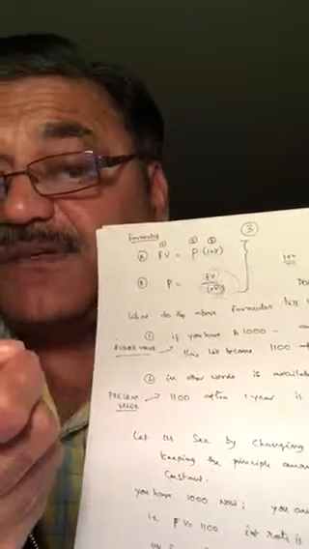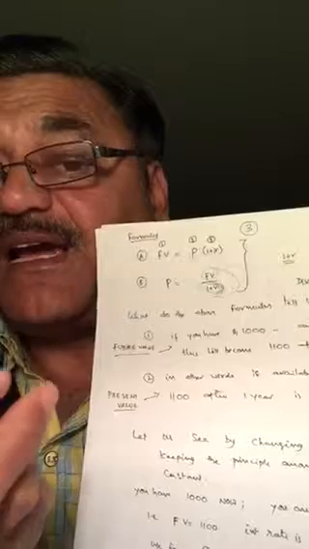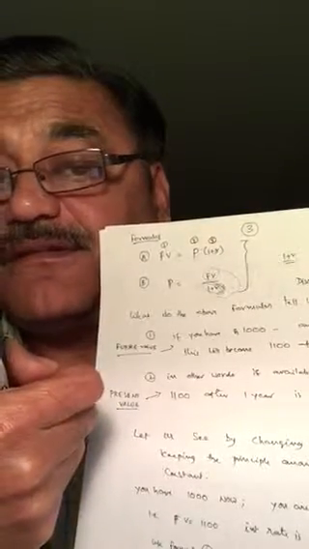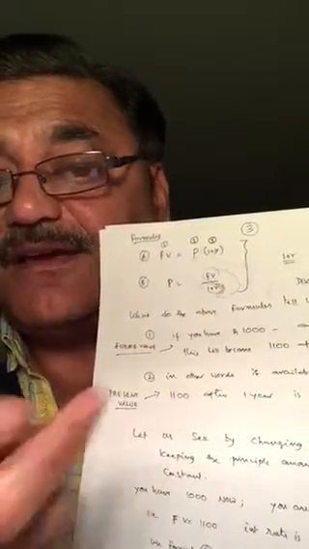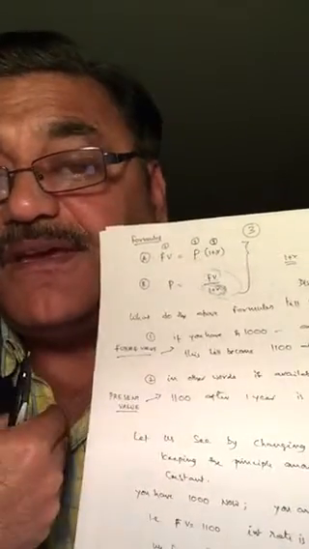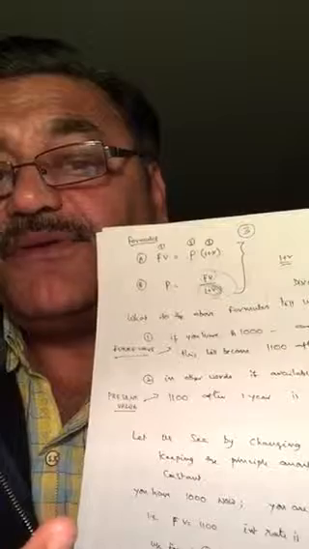Then the concept comes, why are you expecting more interest than the bank from me? Because if you put money in a bank, your return is assured. But if you give it to me, there is always a risk that I may default in paying you.